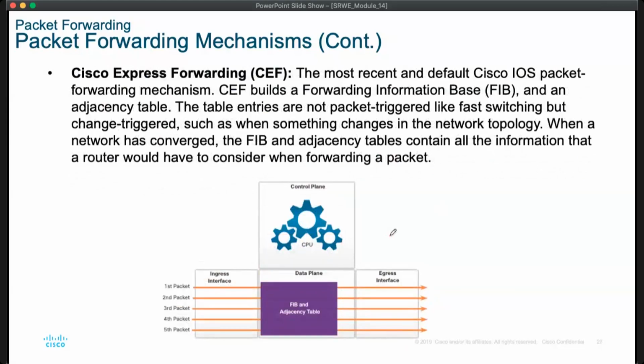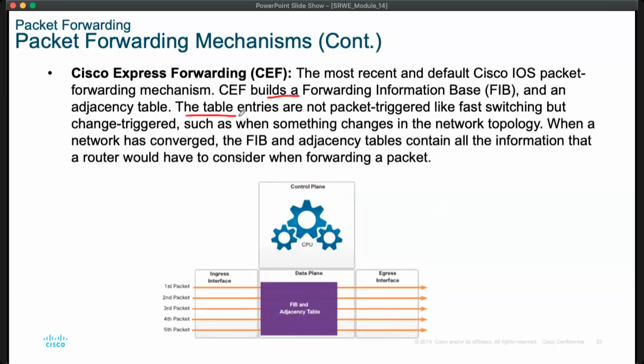Cisco Express Forwarding, CEF. The most recent and default Cisco IOS packet forwarding mechanism, CEF, builds a Forwarding Information Base, FIB, and an adjacency table.